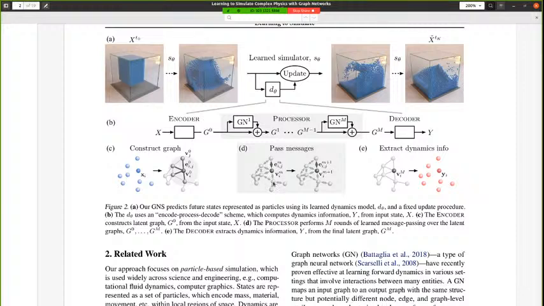And then they do 10 so that they can have interactions of higher order.